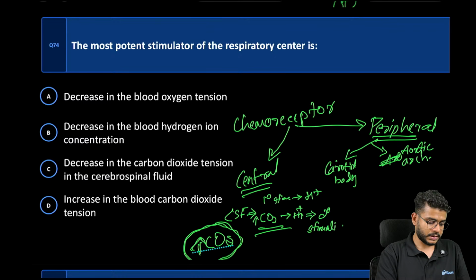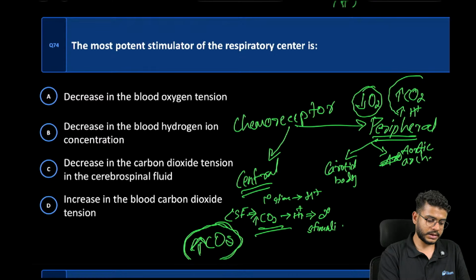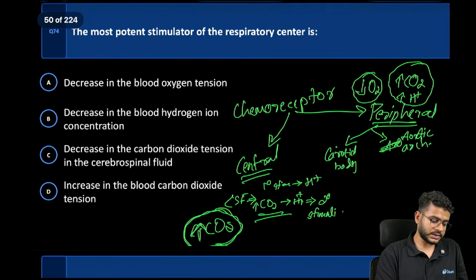The peripheral chemoreceptors are mainly sensitive to lack of oxygen or decreased oxygen. They are also sensitive to increase in carbon dioxide and increase in H plus. Okay, keep this in mind. The central chemoreceptors are most sensitive to the change or increase in carbon dioxide. The peripheral chemoreceptors are more sensitive to lack of oxygen, increase in carbon dioxide, and increase in hydrogen ions.